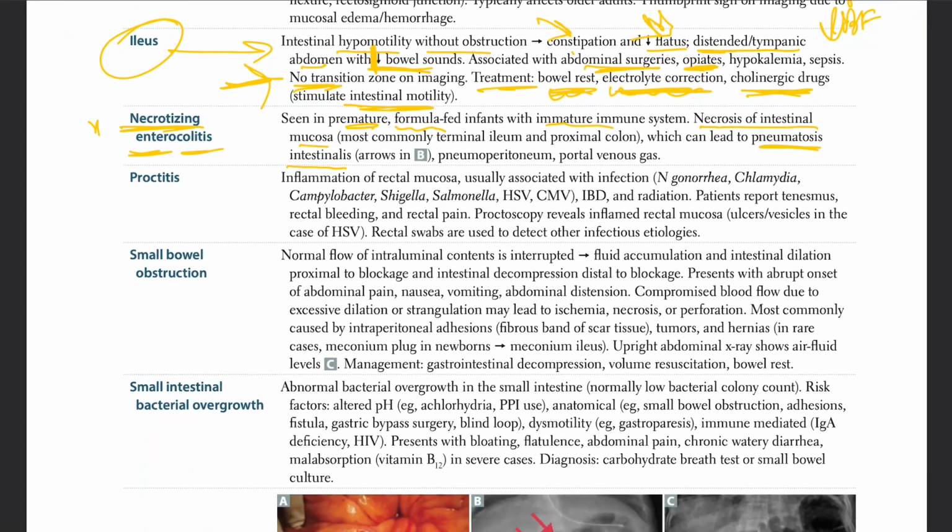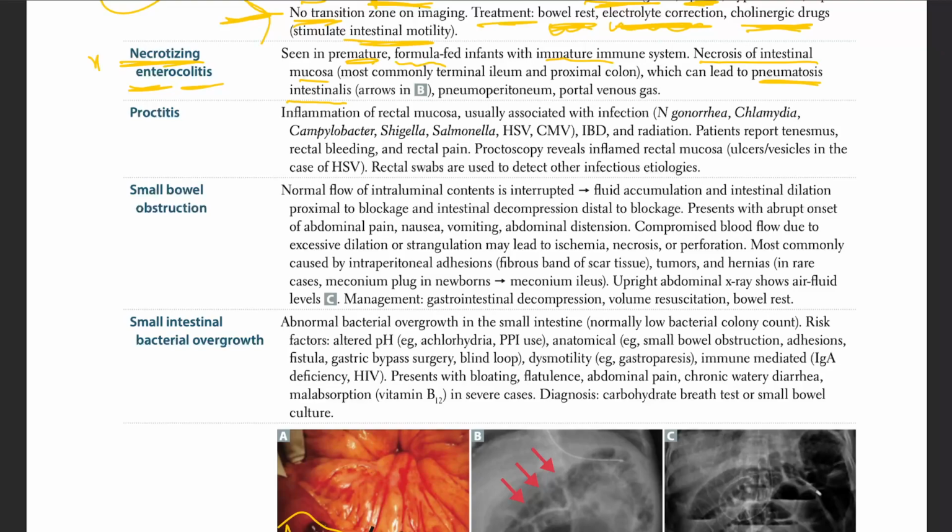Arrows in B. Look at these things: pneumatosis intestinalis. And also you have the pneumoperitoneum and the portal venous gas. Okay.